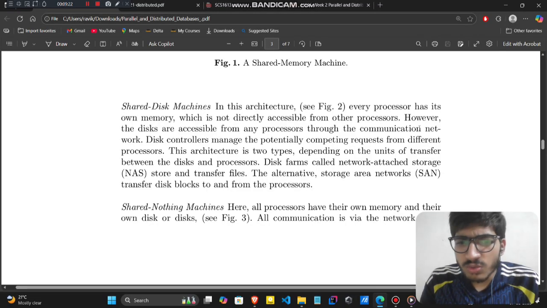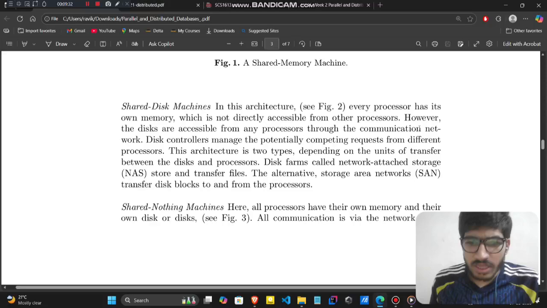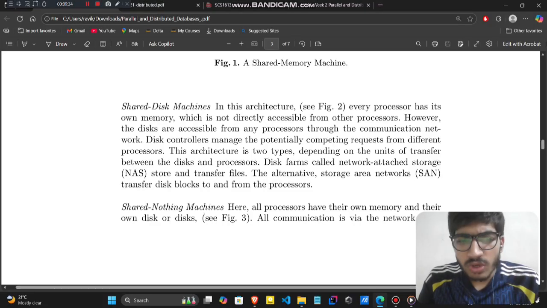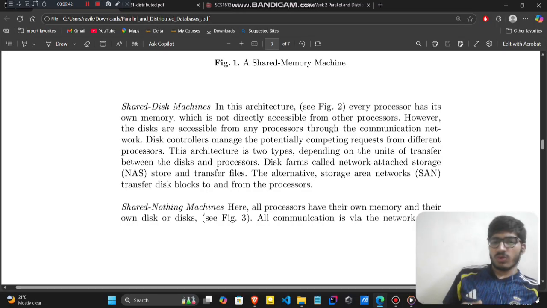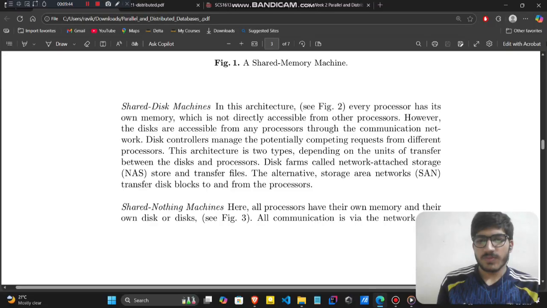The architecture is of two types, depending on the units of transfer between the disks and processors. Disk farms called network attached storage, that is NAS, store and transfer files. The alternative, storage area networks, that is SAN, transfer disk blocks to and from the processors.